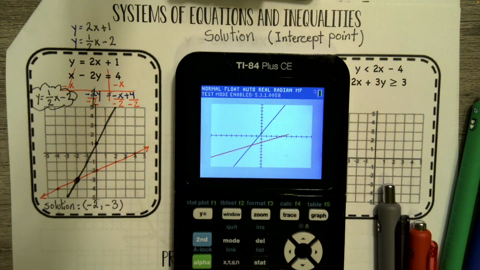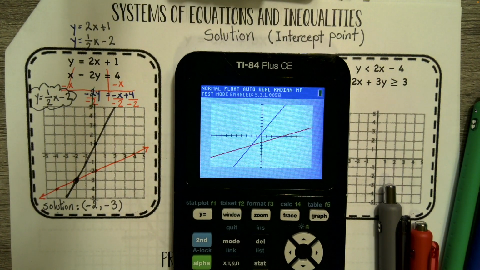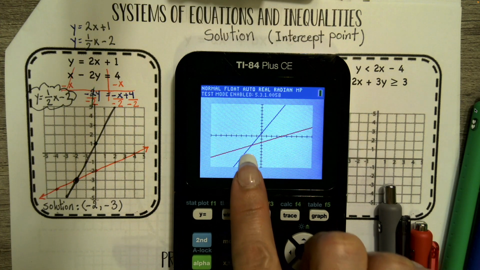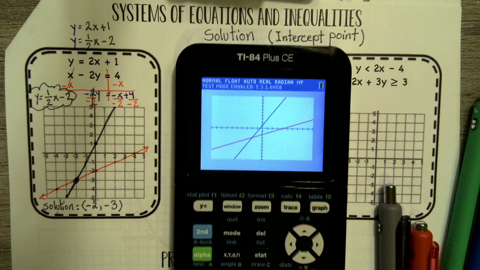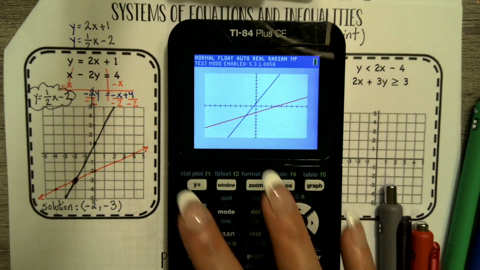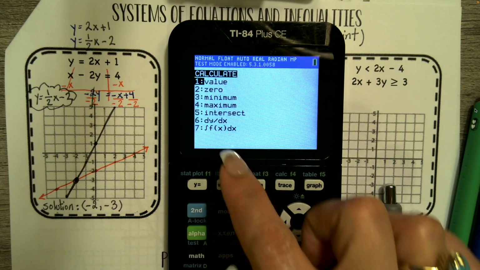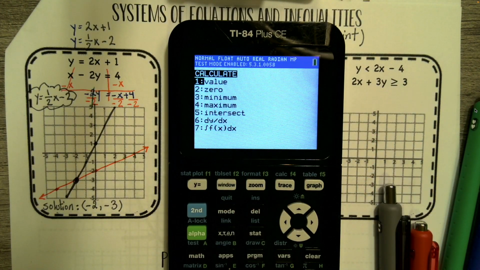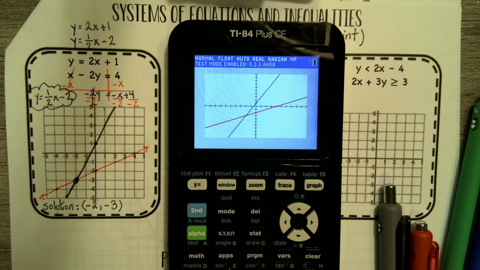You see it matches with our graph, but how do we know what that point coordinate is? There you go. This calculator made it easy for us again. Remember second trace? It has all the values that we're looking for, or solutions, or whatever you call it. The intersect point is number 5.